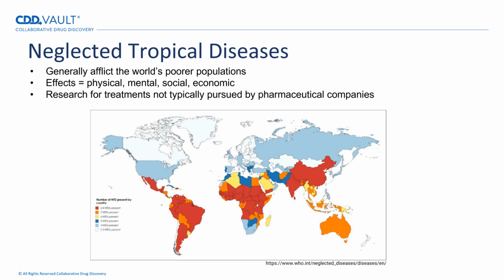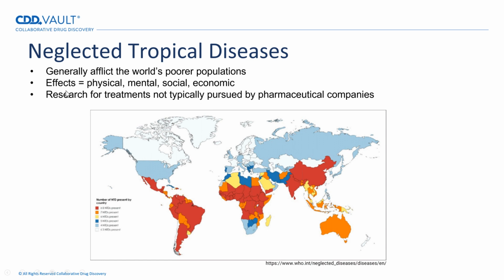Now, just to switch gears a little bit, I want to give a little background on neglected tropical diseases and how we at the Pilastri Lab actually use CDD Vault in our work on developing drugs for these neglected tropical diseases.